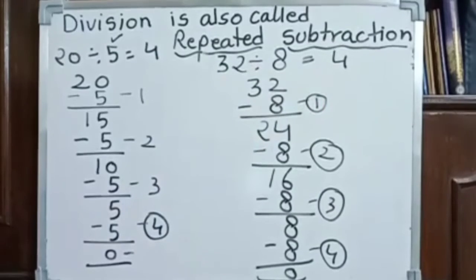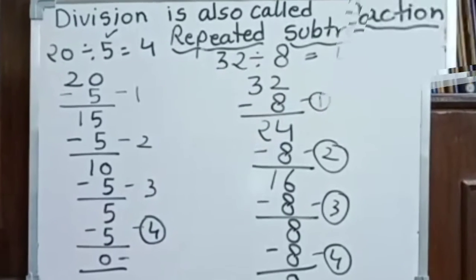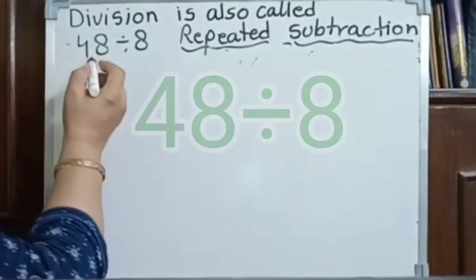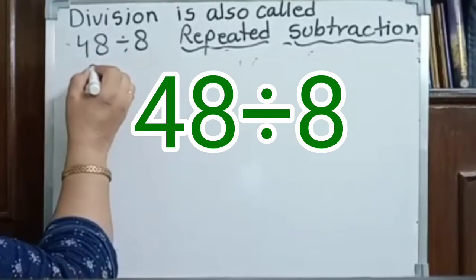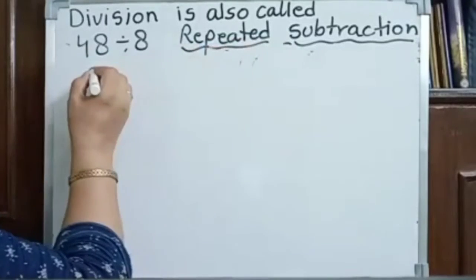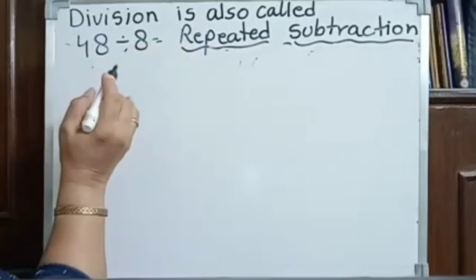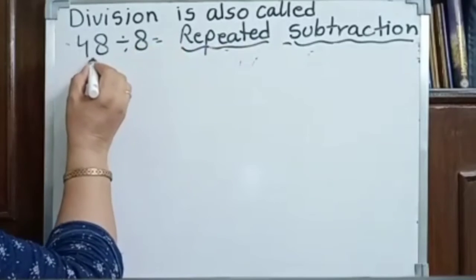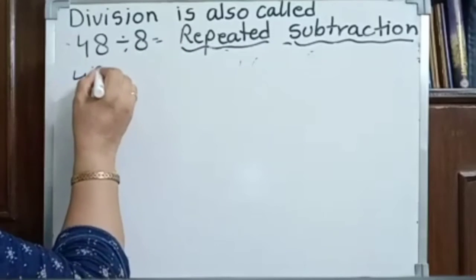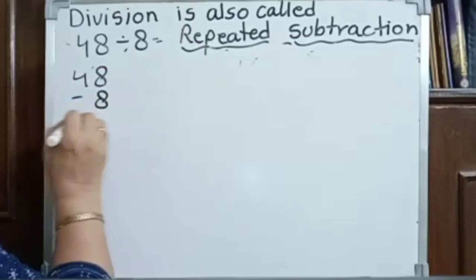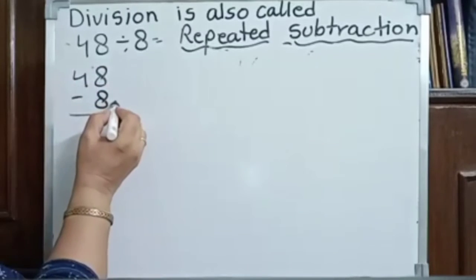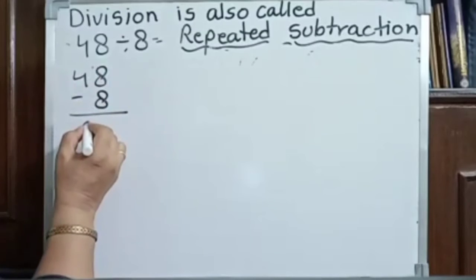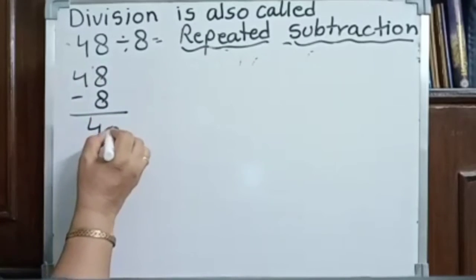Another number that I am going to give you is 48 divided by 8 by repeated subtraction. We have to take out the subtraction fact. So this is 48 minus 8. This is divisor, this is dividend. What will be here? 40.